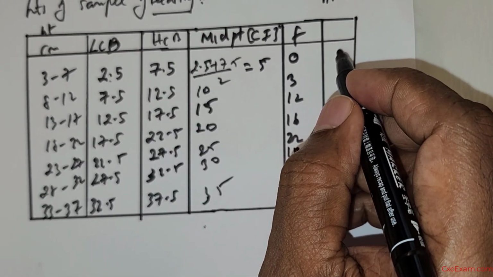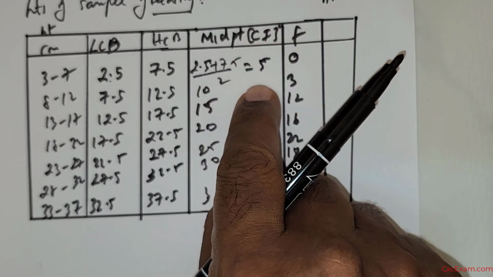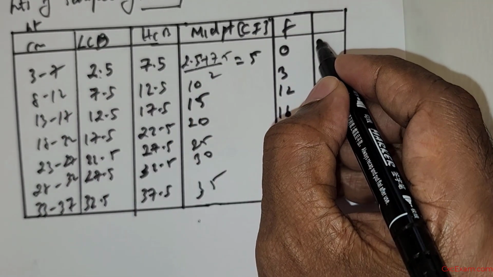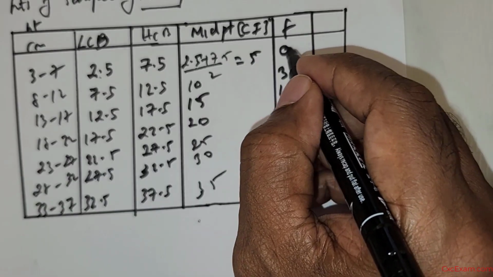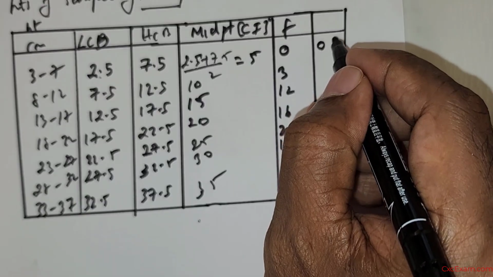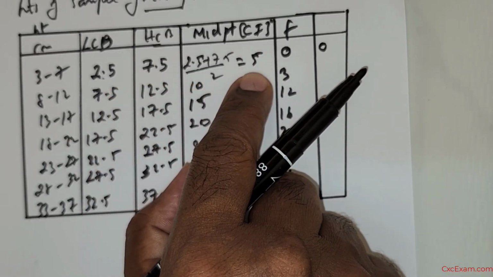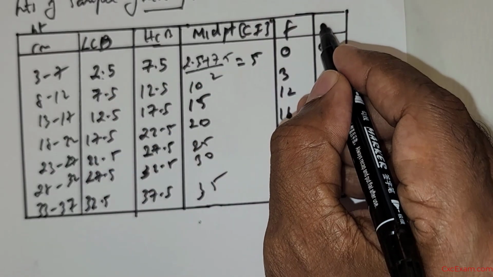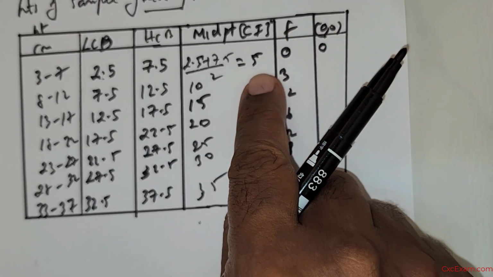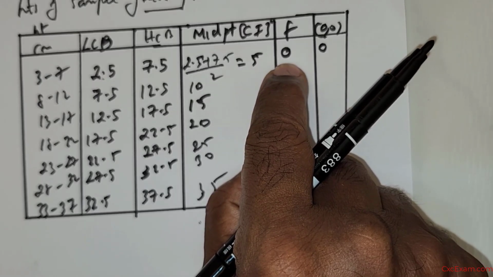So I mentioned to you that height of 5, we start with 0, 0, right? So this would be 0, 0. The height is 5 units, number of seedlings with 5 units height. So probably you can start with 0, 0 there. And then height of 5 cm, how many seedlings are there? 0.